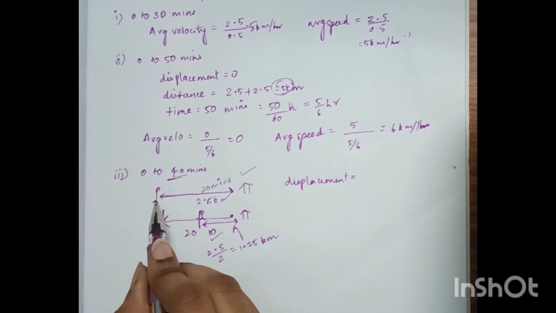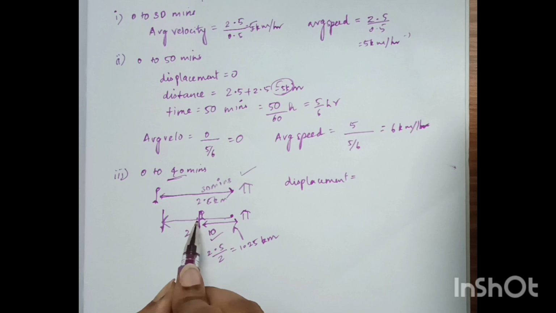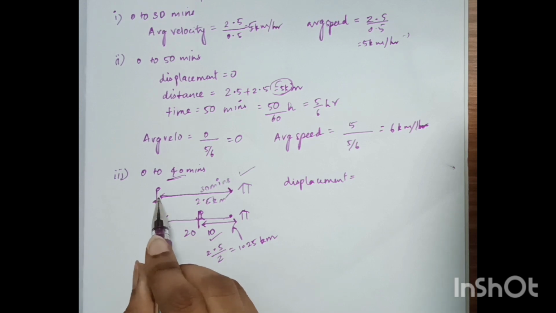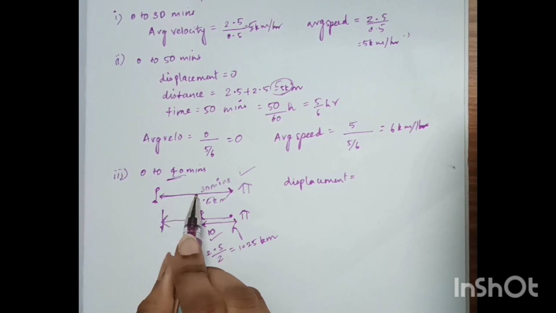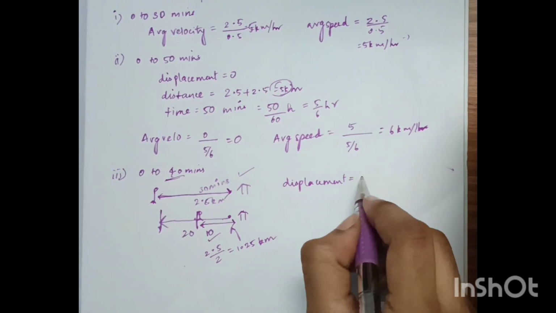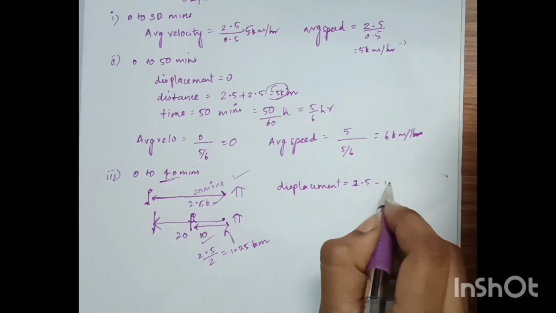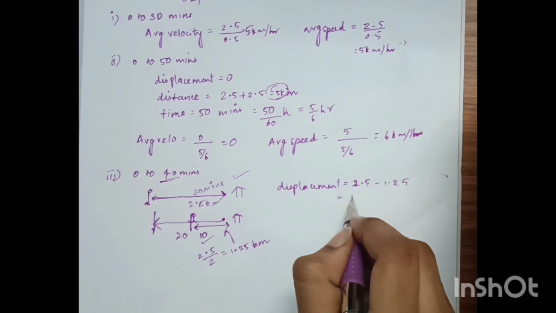Earlier it is 0, this is 2.5, at this point it is 1.25. So this is his net displacement. Initially he was here, now he is here. So that is 2.5 minus 1.25. That is 1.25 kilometer.